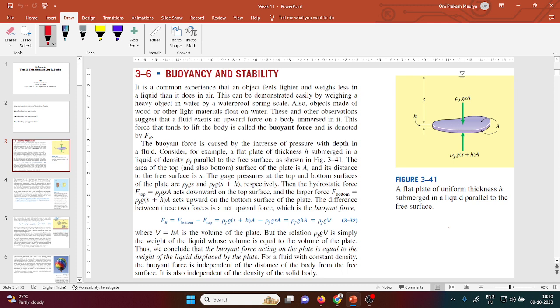Okay. So basically, if you see this equation, buoyancy is nothing but the difference between two forces. Which two forces? Let's suppose I draw one figure here. It's a water body.